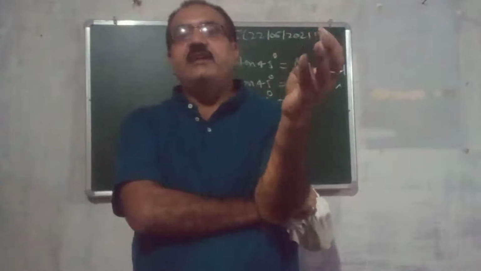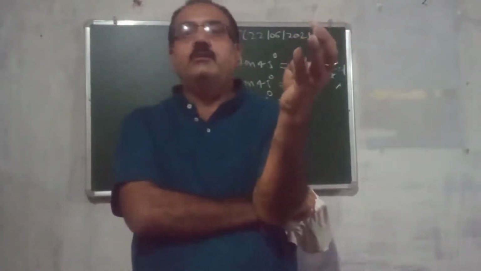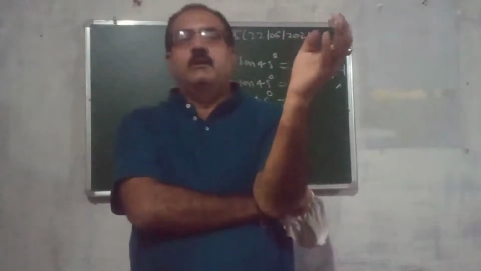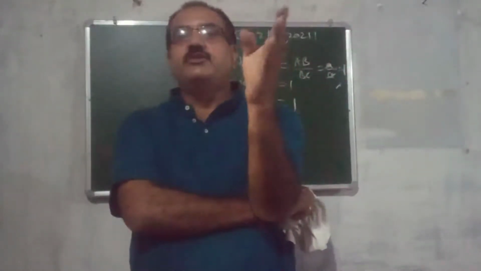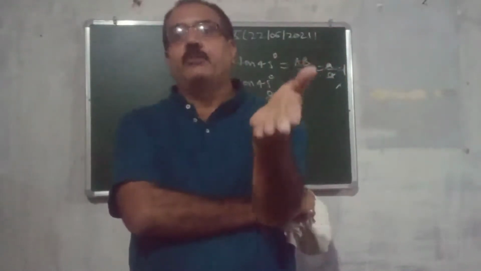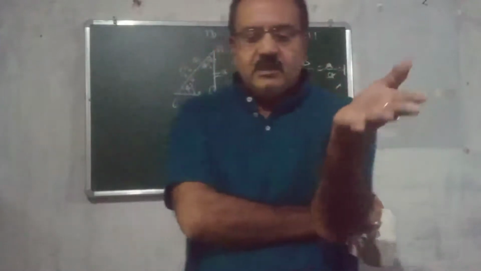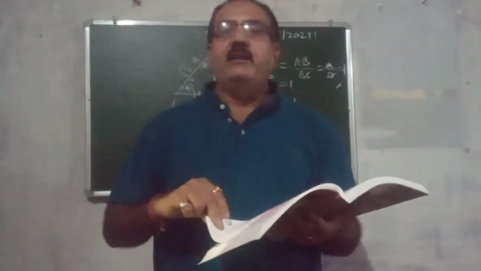Then sin 0 is 0, cos 0 is 1, tan 0 is 0. Then sin 90 is 1, cos 90 is 0 and tan 90 is infinite, meaningless. You have to learn these values in the beginning, and after solving some questions they will be set in your mind, and then you need not learn them.